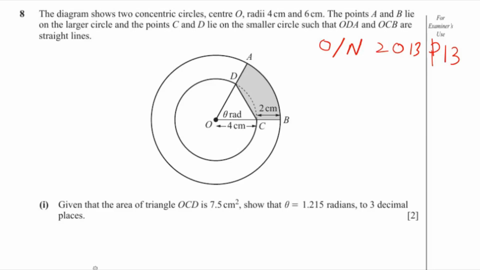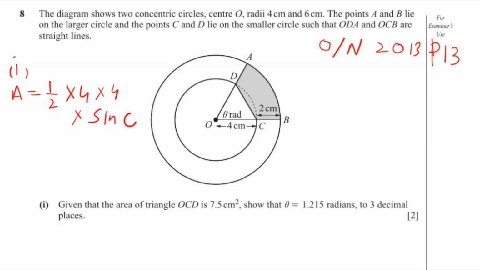Very easy, students. Consider a triangle OCD. This is part number 1. If you find the area of triangle OCD, what you have learned in your mathematics course, the formula of the area of triangle is half the first side, that is 4 in this question, the second side, that is 4 in this question because radii are same, multiplied by the sine of the given angle.